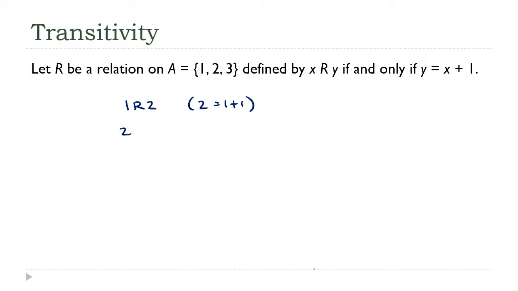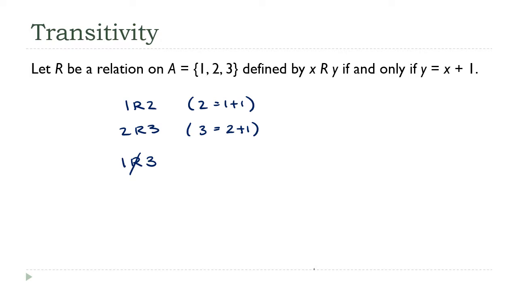And we have 2 is related to 3 because 3 is equal to 2 plus 1, but 1 is definitely not related to 3, right? 3 is not equal to 1 plus 1. Okay, so in a sense, this relation is incomplete.